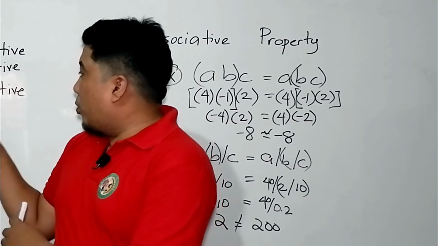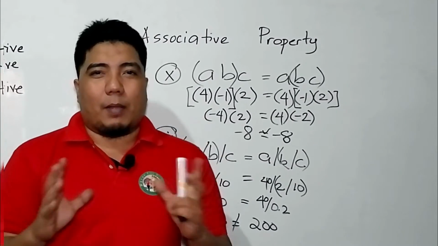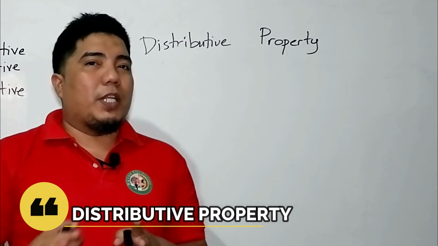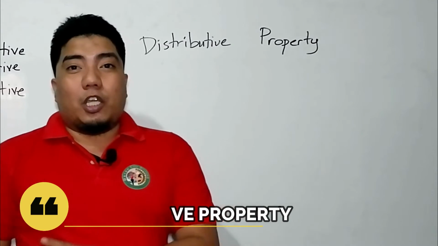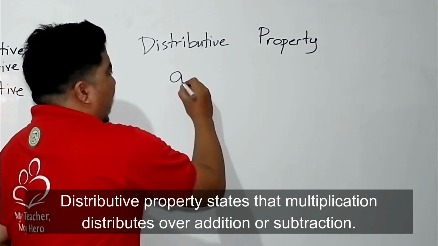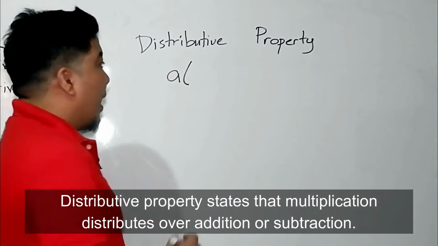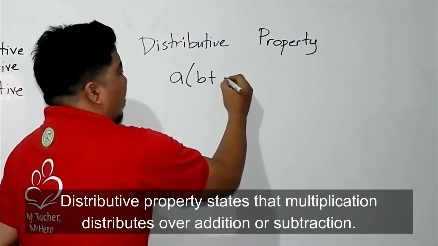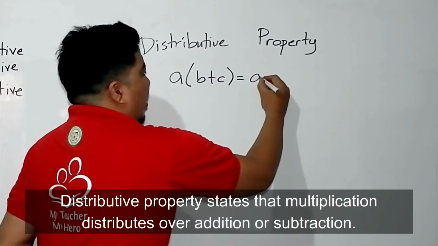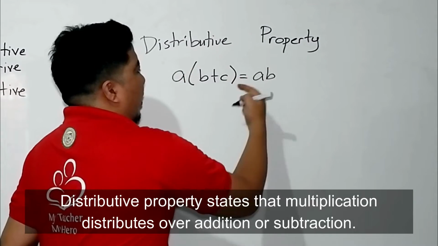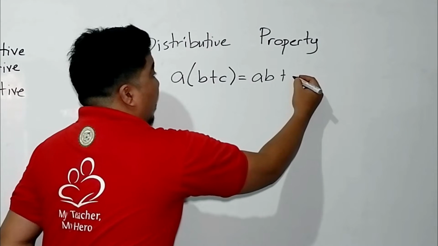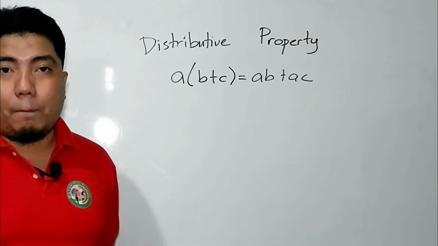Now let us go to the distributive property. Okay, math learners, the distributive property is a combination of addition and multiplication. It says that if A is a multiplier to the sum of B and C, and you distribute A to the B and C, AB plus AC is just the same.